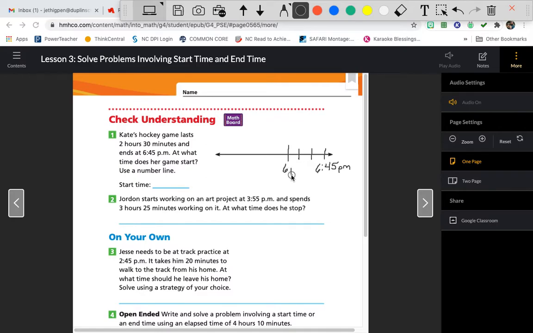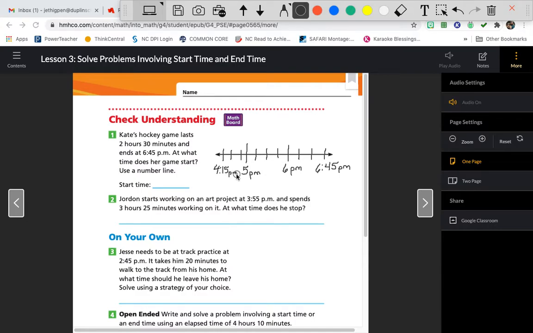We could do 6 p.m. here. And then let's do 5:45, 5:30, 5:15, and then we'll say 5 p.m. here. And then we have 4:45, 4:30, and 4:15 p.m.